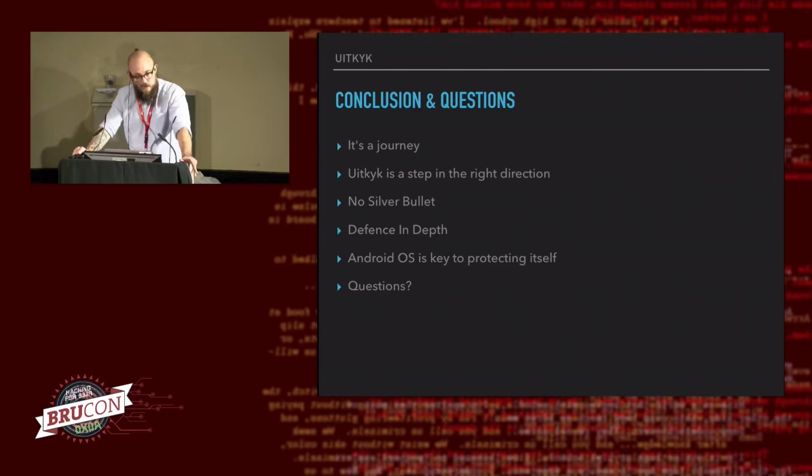Dynamic analysis in conjunction with static analysis can be really powerful to help you understand what an app is doing. But I do believe that the Android operating system is key to protecting itself, because third-party applications are limited by the capability that is provided by the API. So you can't have system access if you're a third-party app. So the Android operating system has to provide that.